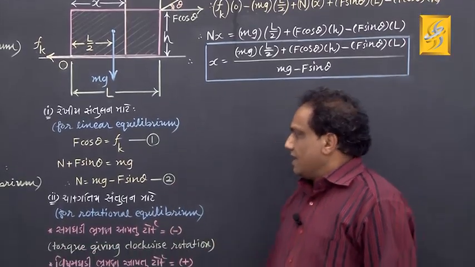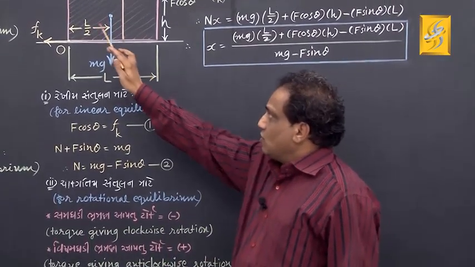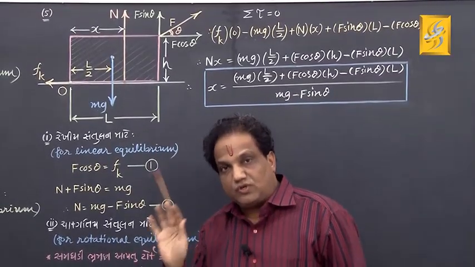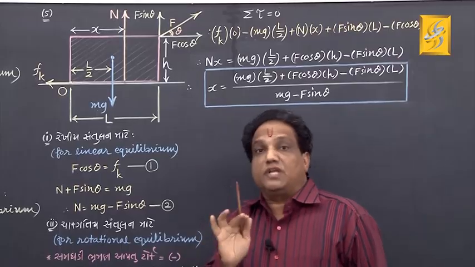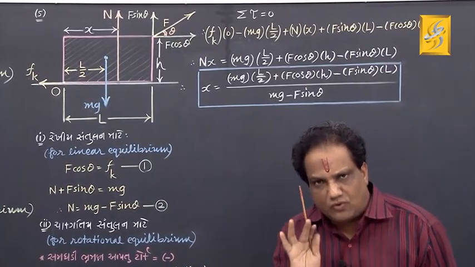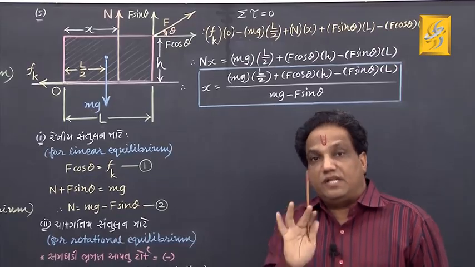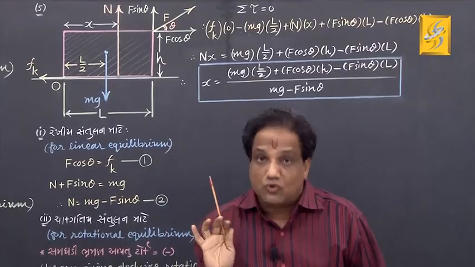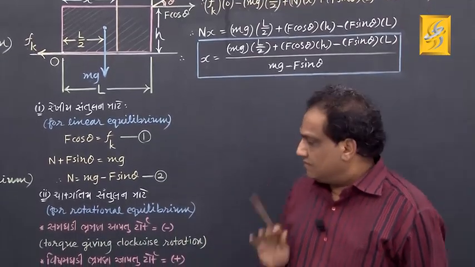Fine. And now, during the motion, this block does not rotate, so it is also under rotational equilibrium. And if any body is under rotational equilibrium, then the algebraic summation of all the torques must come out to be 0. Let us do one thing.